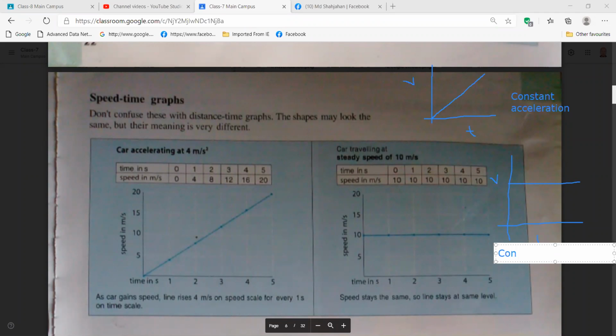Constant speed. Constant speed is also called steady speed, or same speed.